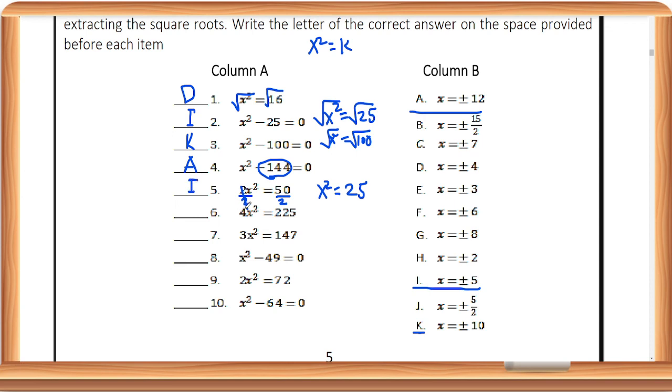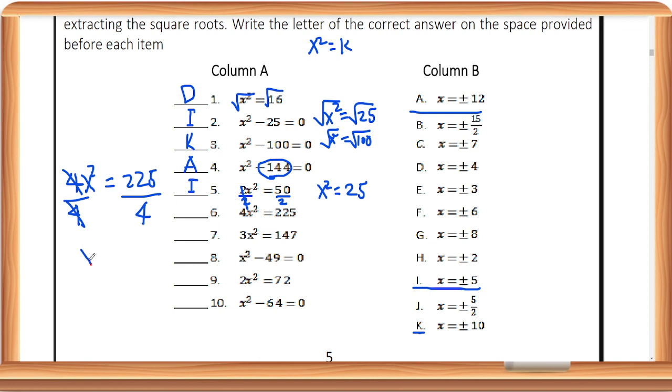And then, dito, 4x squared is equal to 225. Sabi ko nga, dapat x squared lang. So, yung 4x squared mo is equal to 225, dapat mag-divide ka both sides kung ano yung kasama ng x squared. So, yung kasama ng x squared is 4, so you have to divide both sides by 4. Okay, so cancel out yung 4 dahil 4 over 4 is equal to 1.